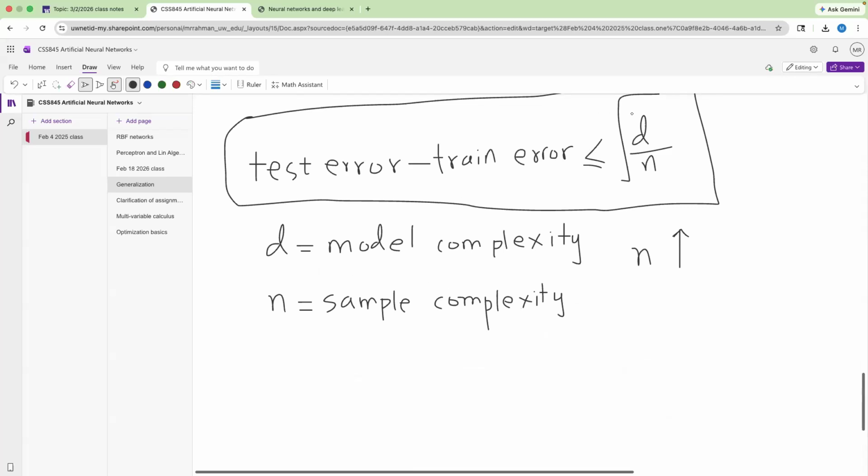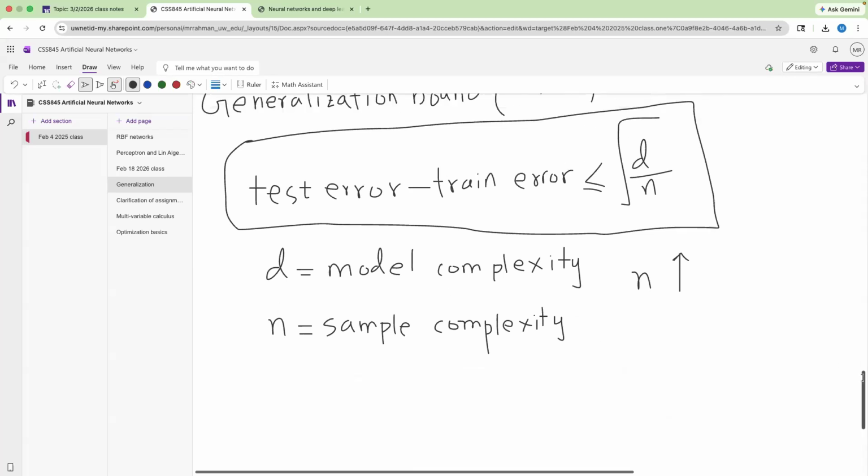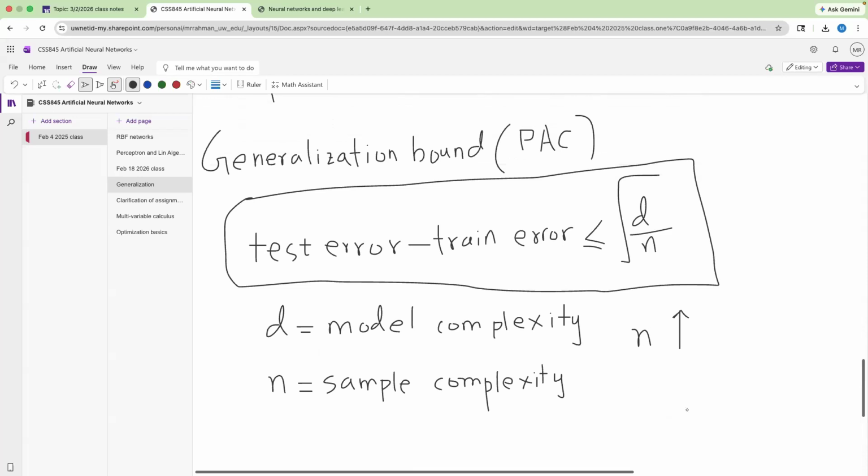But from this expression, we also have another way to reduce this right-hand side, right? What is that? What is the other knob we can control? Model complexity. Exactly. So model complexity needs to go up or down? Down. It needs to go down. It has a reverse relation to n, right?